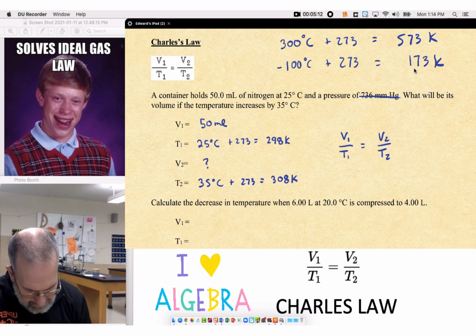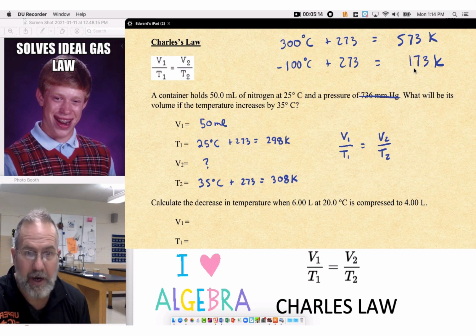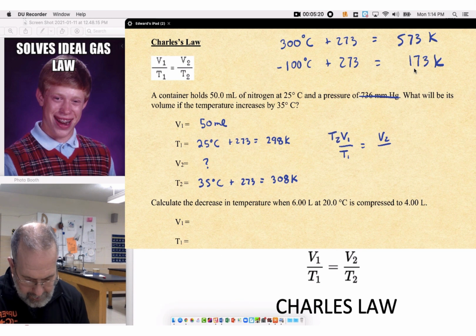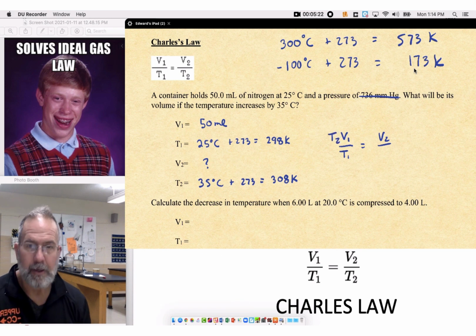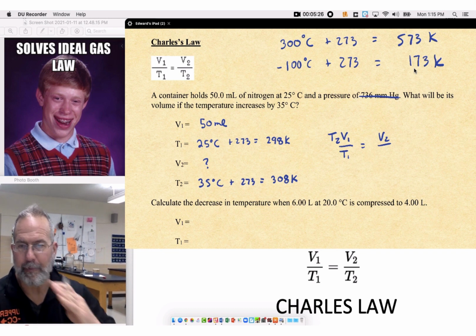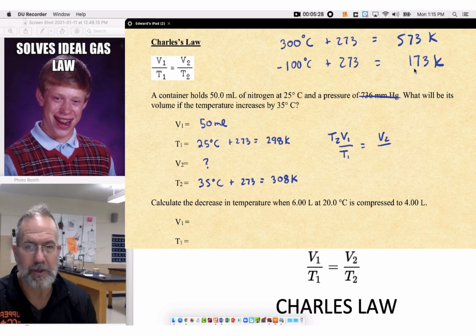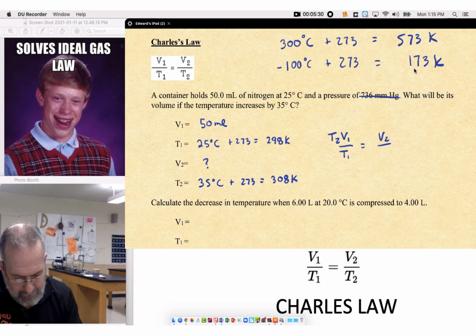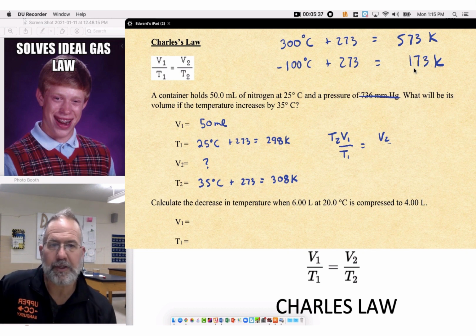So this time, T2 is on the bottom of that fraction, so I'm going to move it across the equal sign to the top of the fraction. I'm cross-multiplying, and then I end up with V2 equals T2 V1 over T1.